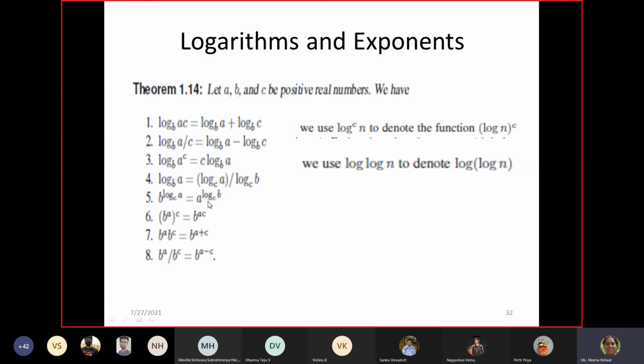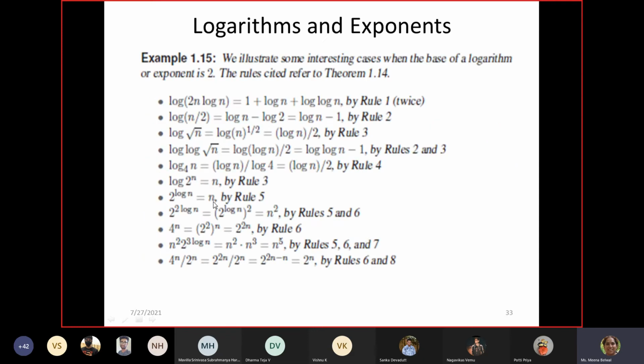When you apply rule number 5, you get 2 to the power log n base 2, which is n to the power of log 2 base 2. So that's how you get n by rule 5. Log 2 base 2 is going to be 1. So 2 to the power log n is equal to n basically.